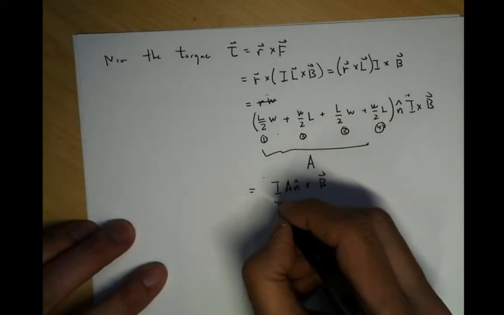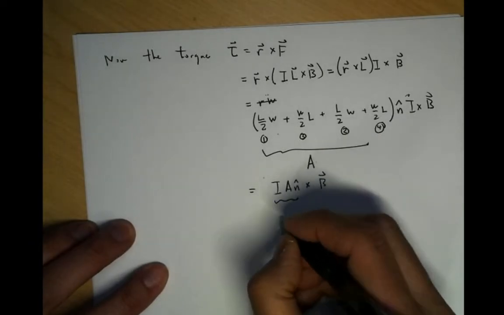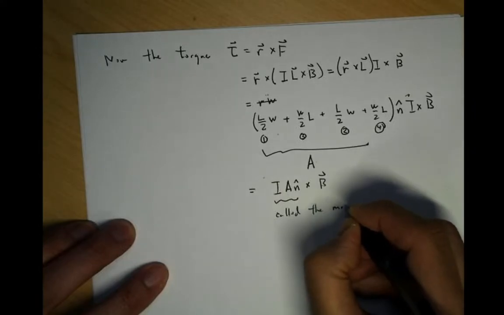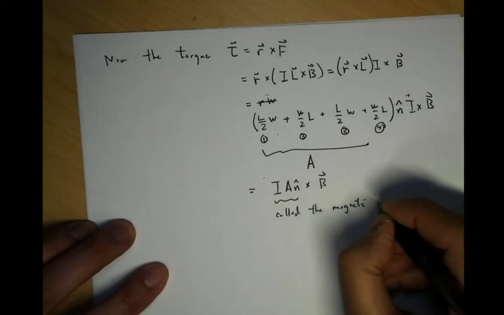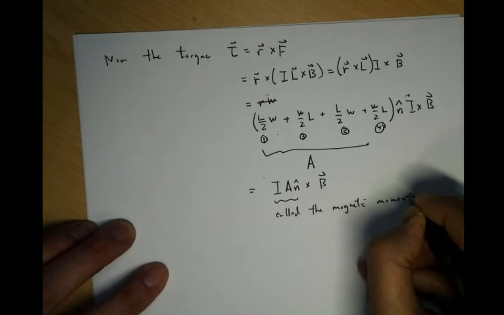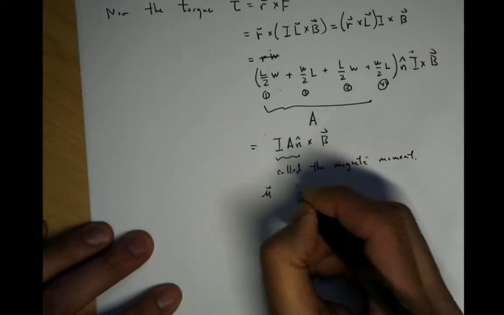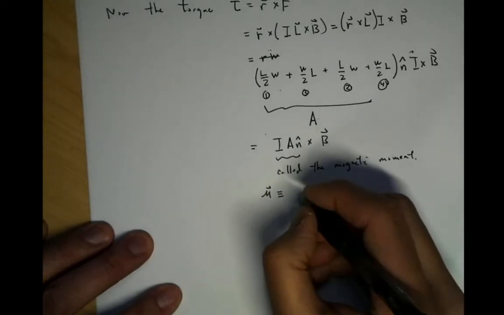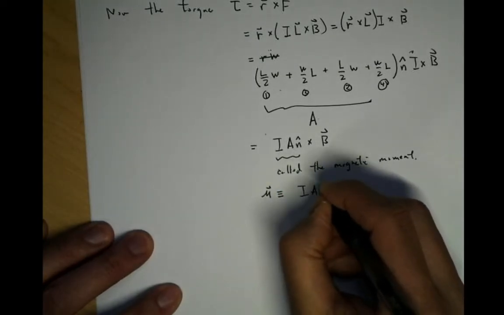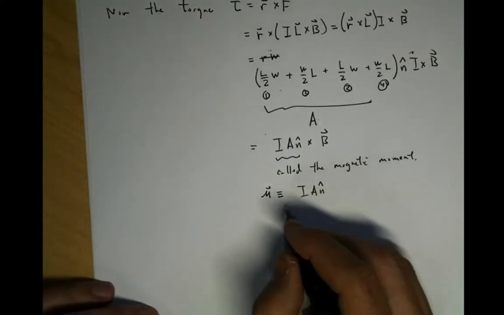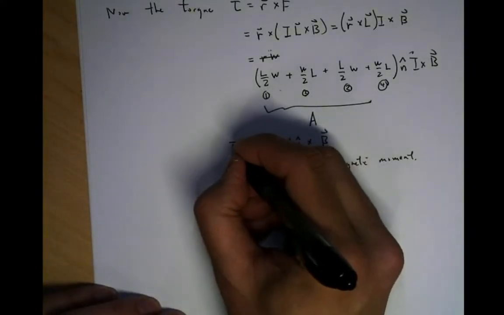And so this gets a special name. This is called the magnetic moment, which I'm going to define as mu, which is equal to I A n hat, right? And so what's nice about this is that this is going to be equal to the torque here.